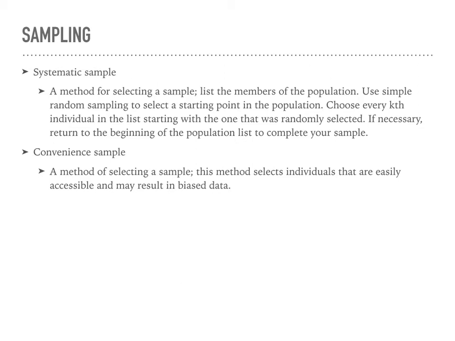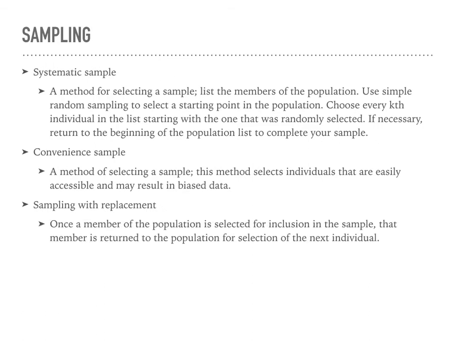A couple other notes that we should make about sampling. You could do sampling with replacement or without replacement. So sampling with replacement is once a member of the population is selected for inclusion in the sample, that member is returned to the population for selection of the next individual.